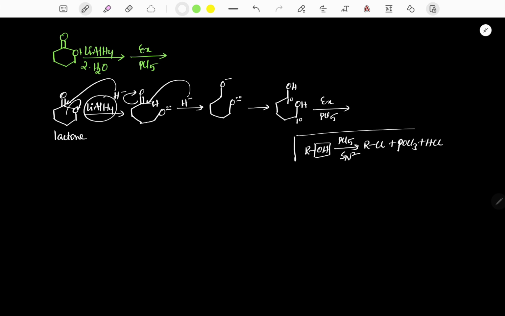These are the reactants and products. Similarly here, since we are taking excess, the primary alcohol gives the corresponding dichloro compound. So it forms through the SN2 mechanism.